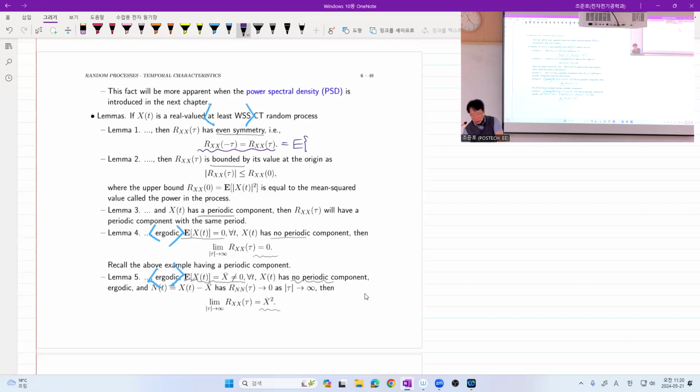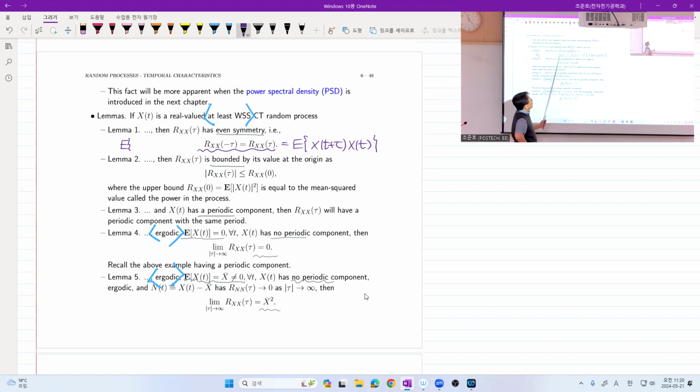The right-hand side is simply the expected value of X of t plus tau times X of t. And the left-hand side is what? According to the definition, see that? When we say that the random process is wide-sense stationary, we choose two arguments and subtract the right one from the left one. That is the convention we just take.